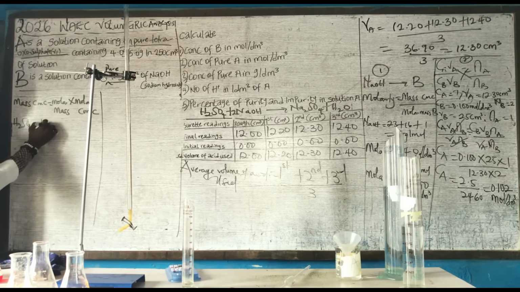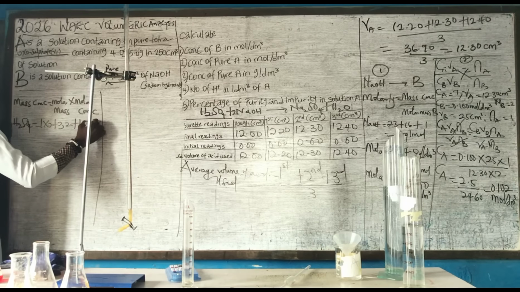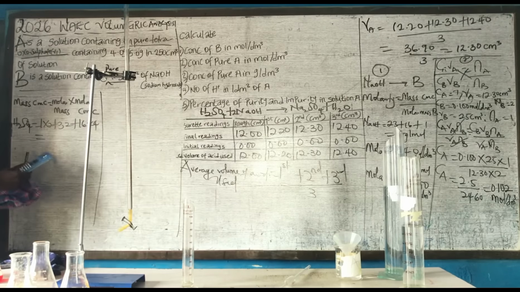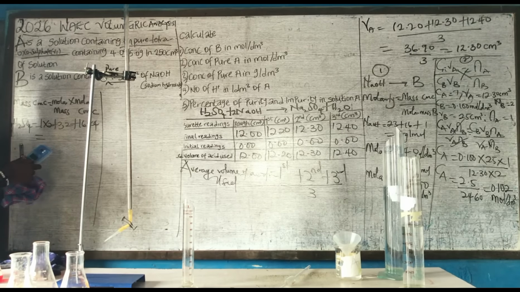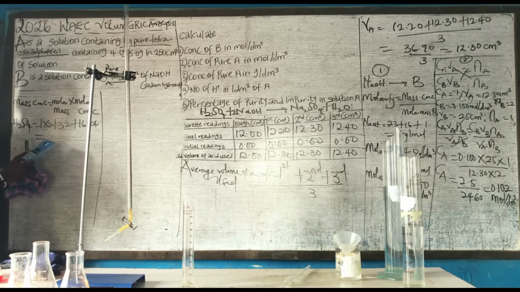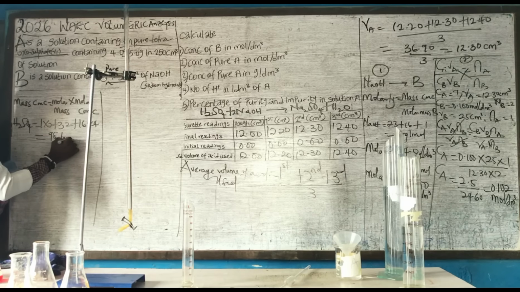H2SO4: 1 multiplied by 2 plus 32 plus 16 times 4, which is 64. So we have 98 gram per mole.